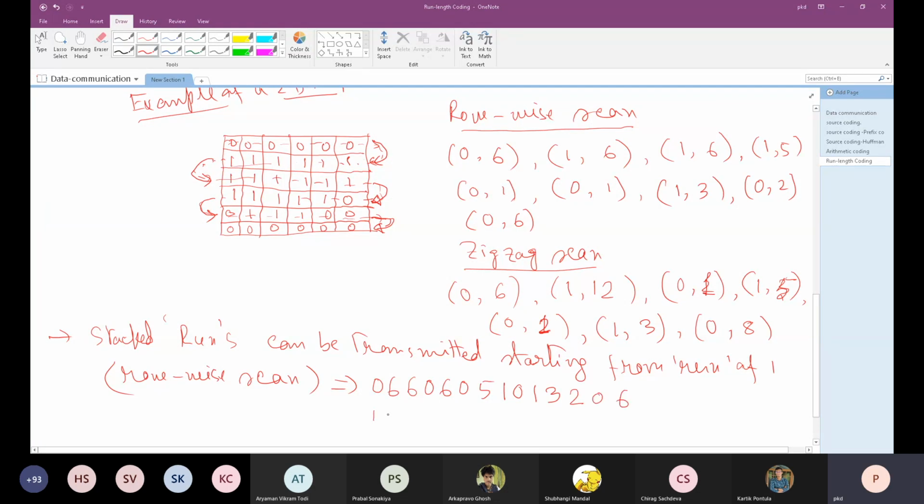So 1, 0, 1, 0, 1. I think it is all right. So these are the runs. So now this can be transmitted. Now, as you can see, this again can be coded.